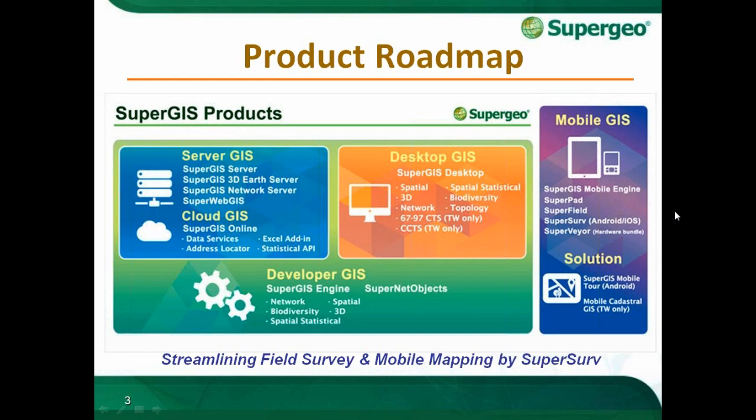Two years ago, we released SuperSurv for Android and got very positive user feedback. This year, we are proud to release SuperSurv for iOS to SuperGIS users using iPad or iPhone. Today, we will again combine different case scenarios to help your understanding.